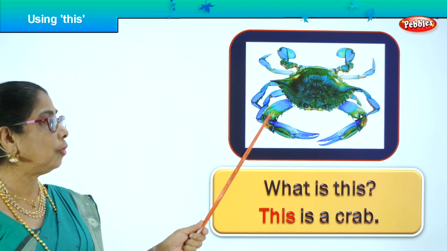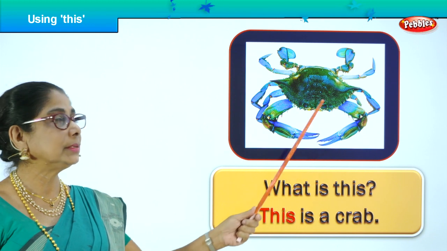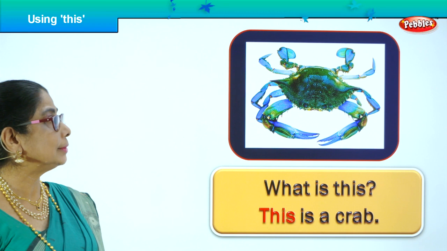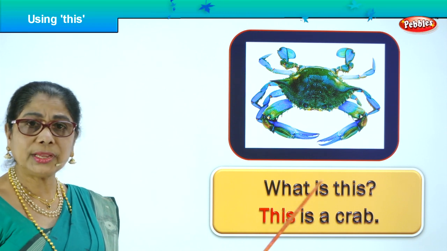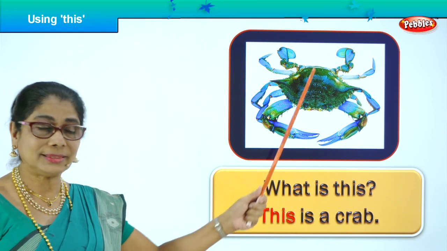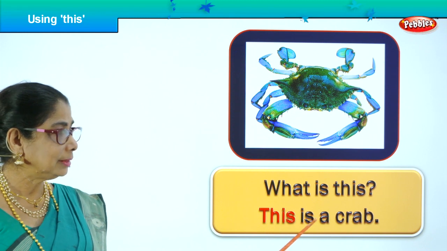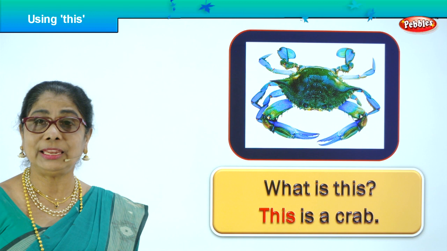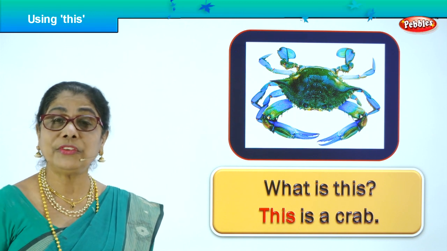It's got very strong scissors-like hands. Read. What is this? This is a crab. Crab is a fish, is a sea animal, also found in the river.